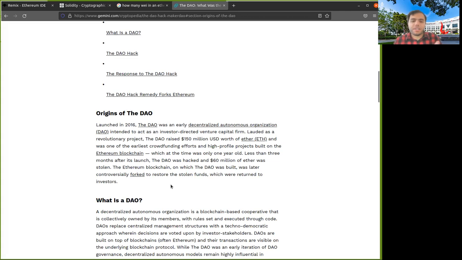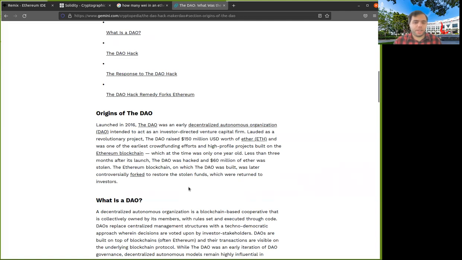Of course, if you have a contract that has only a little bit of money, this kind of thing would not happen. No one cares if you get hacked for, let's say, $100,000. But if people lose $60 million, then the miners might come together and actually create a fork. And this is what happened in Ethereum. The miners who said, we want to restore the stolen funds, became the mainstream Ethereum.